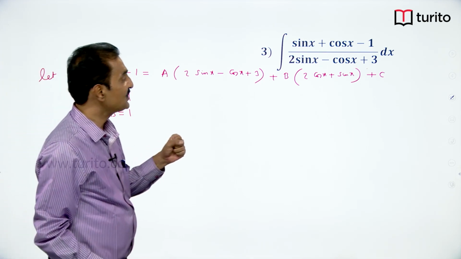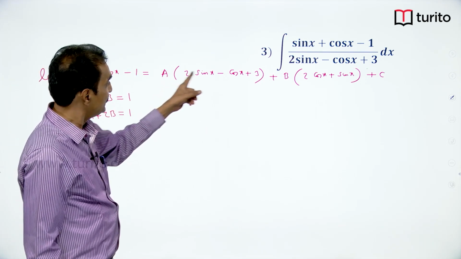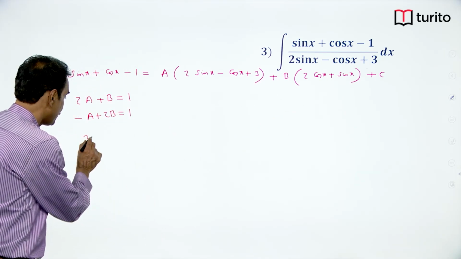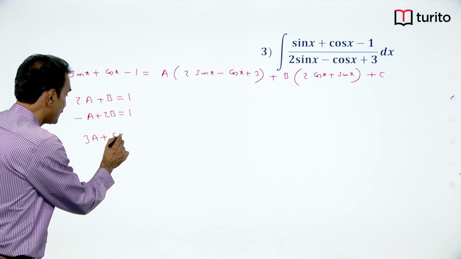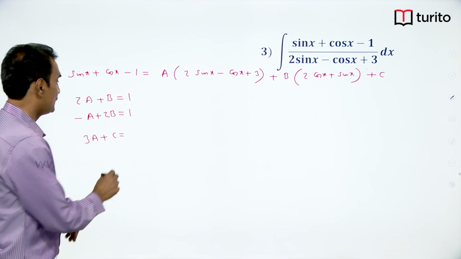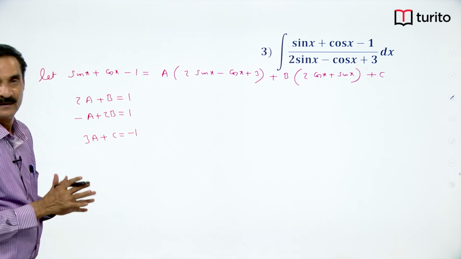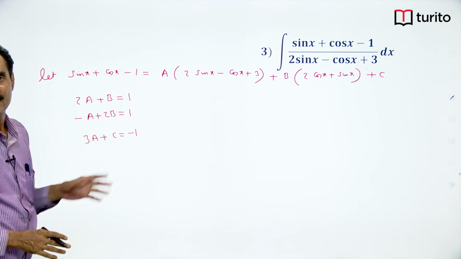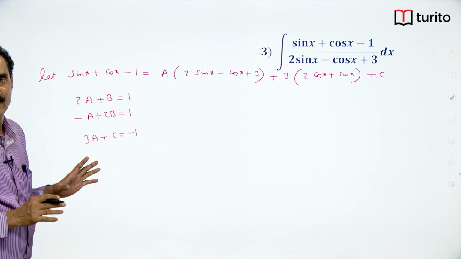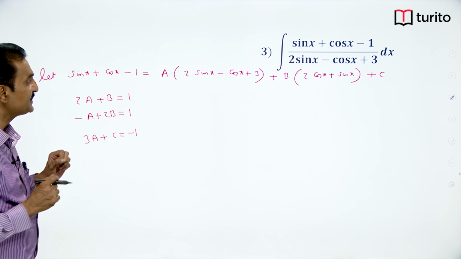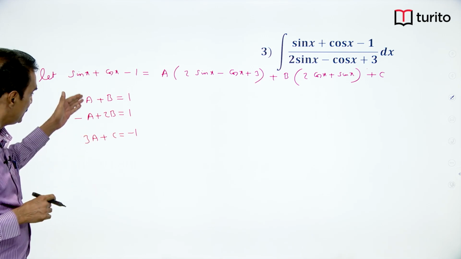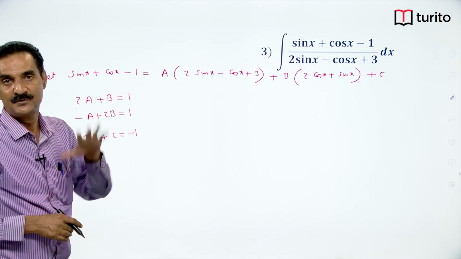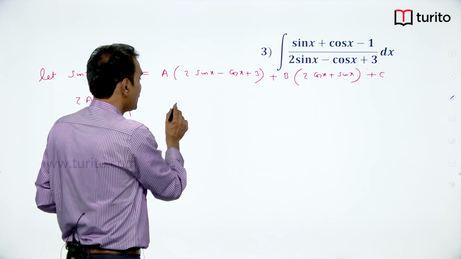Next, compare constants. 3a plus c is equal to minus 1. The solving part of these equations is left to you. I want to finish the solution in terms of a, b, c. You solve and substitute.